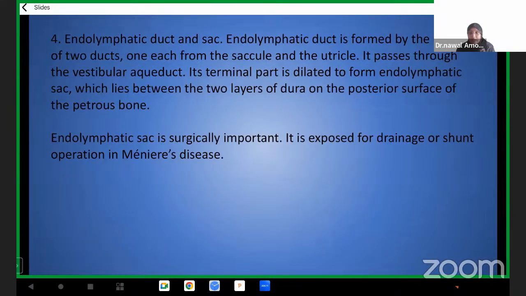The endolymphatic sac is surgically important because it's exposed for drainage or shunt operations in Meniere's disease. So when you have Meniere's disease, you will have to open up and drain the fluid. That's why it is important. Remember, the endolymphatic sac is connected to the endolymphatic duct, and the endolymphatic duct is connected to the saccule and utricle.